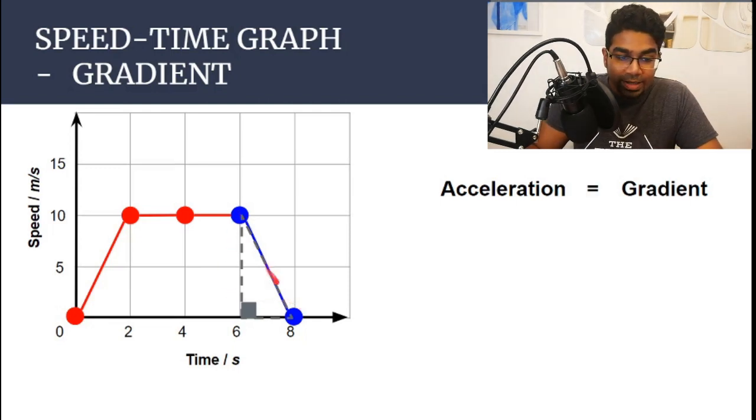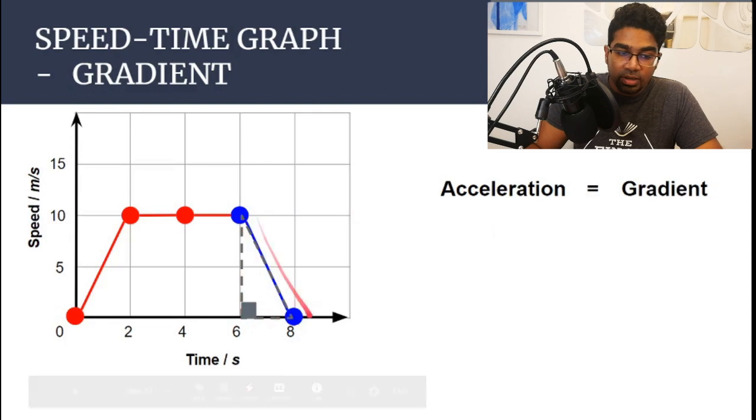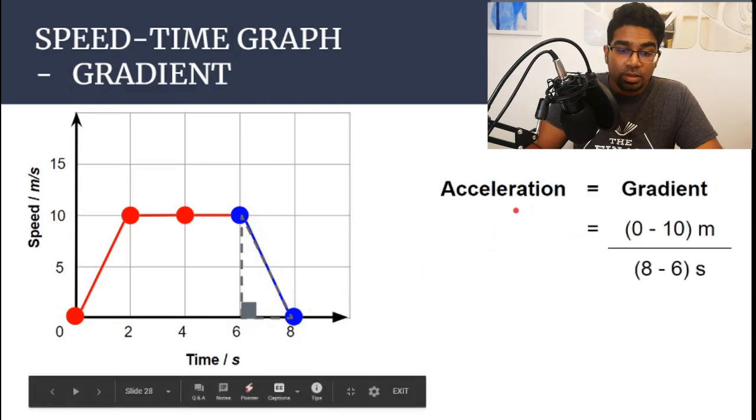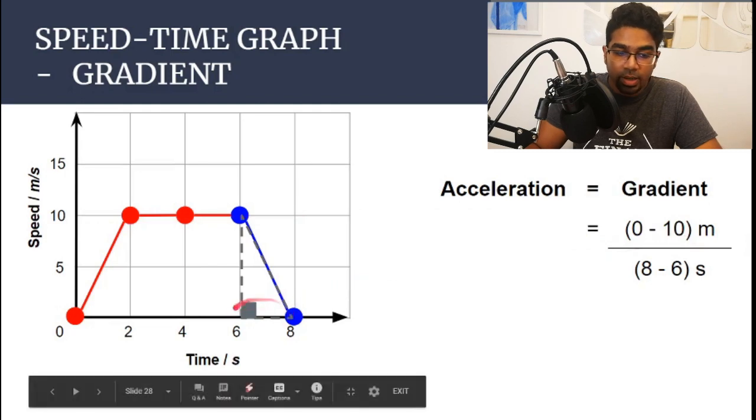So how do we calculate the acceleration or deceleration here? So here we calculate the acceleration first because the gradient directly gives us the acceleration. So let's try to calculate the gradient here. So this is y2 and this is y1. So it will be 0 minus 10, and then x2 minus x1, 8 minus 6.